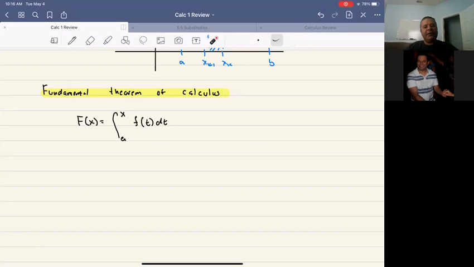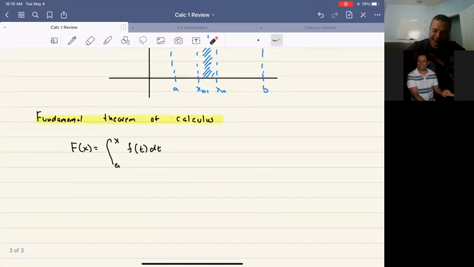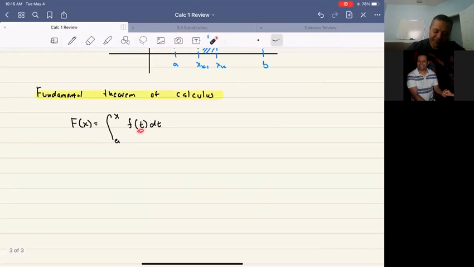One of the things that students I've noticed had trouble with is this idea that the variable inside the integral is sort of a counting variable, sort of like this k here. This k only exists inside that summation. It's the same thing with this t. This t really only exists inside this integral.